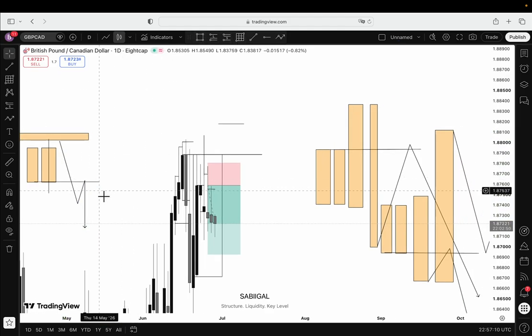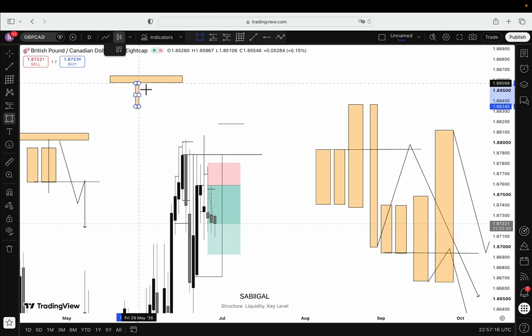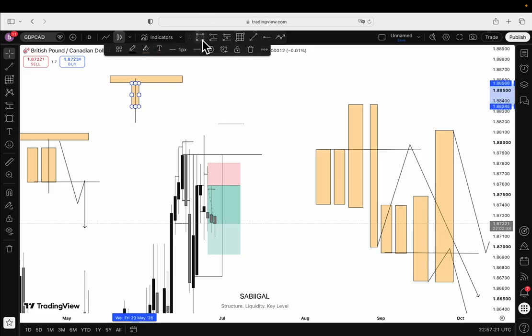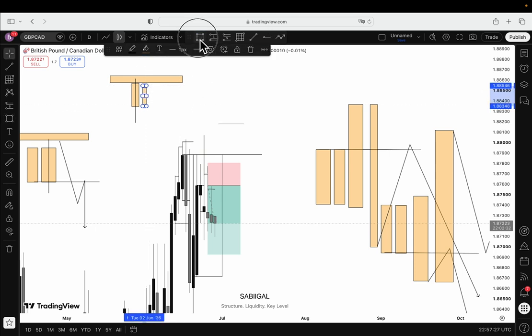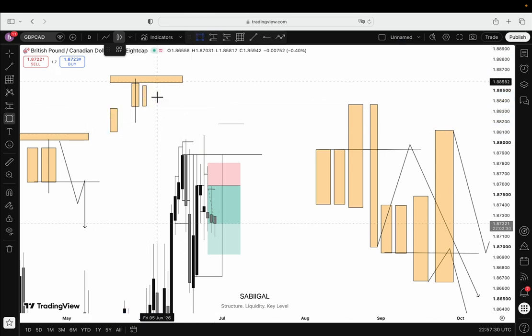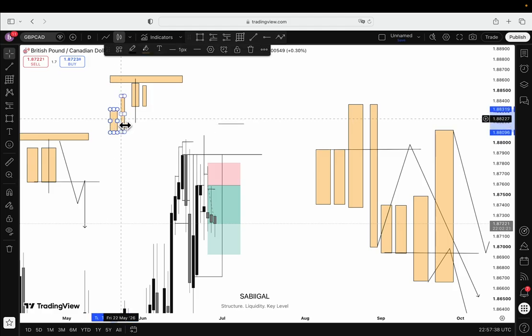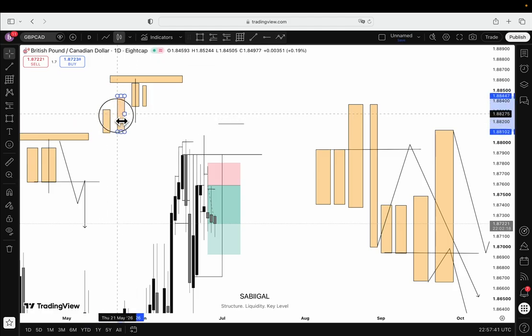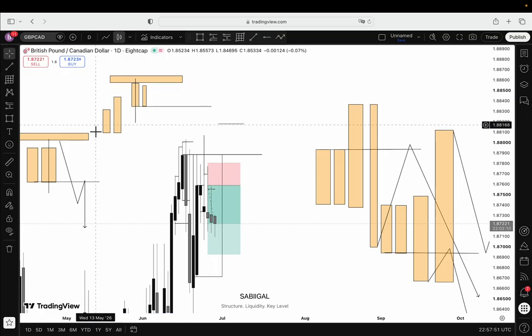But if the rejection happened here and another candle occurred here, and then we have another candle too here, there's no way this can be. It is the last one that was created before the rejection.